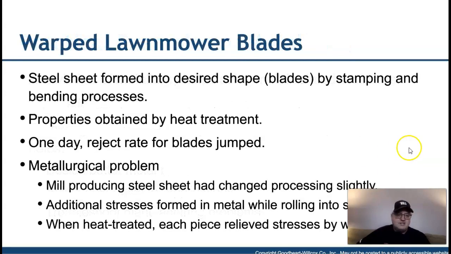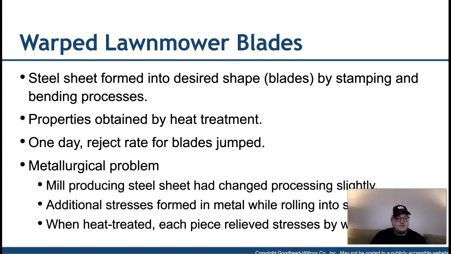All right, so these are some examples. You can read more in the textbook about these as you go through. It talks about warped lawnmower blades. They form the lawnmower blade by stamping it out of a sheet metal and then bending it. If you've taken the manufacturing processes class, you've learned a little bit about those particular processes. They heat treat this.